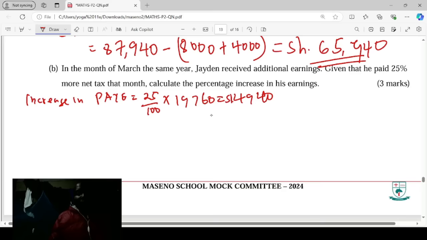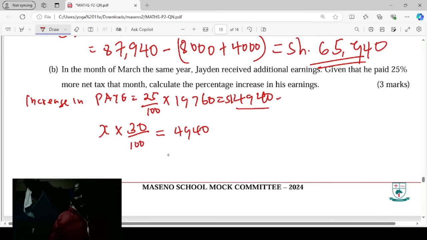So tunaenda to the last slab na kutafuta the amount which itatupea hii pesa. So the amount which will give us this money in excess. So to the next slab tunaenda x times the last slab which is that of 30 over 100 will give us 4,940.